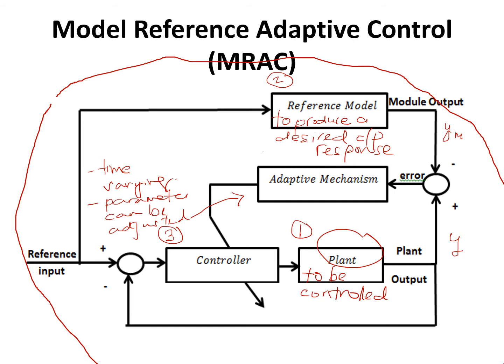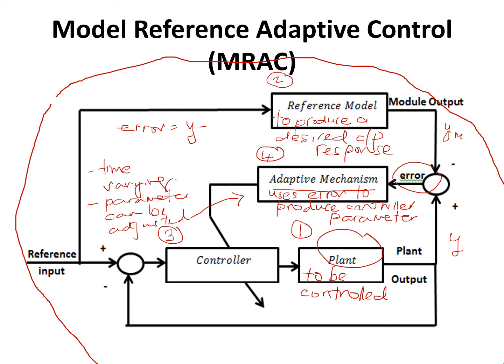And number 4 is the adaptive mechanism, that uses the error to produce the controller coefficients, or controller parameters. The error is the difference between the output response of the plant Y minus the output response of the reference model YM.